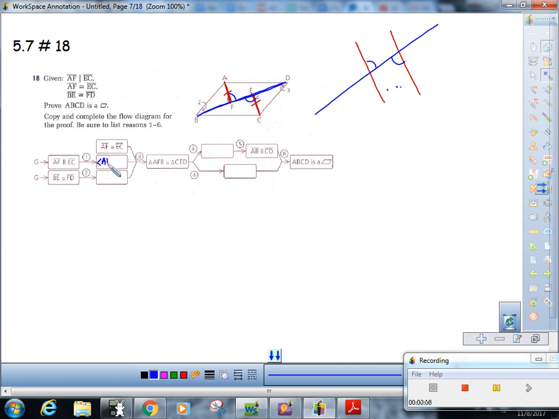Let me just write it here. 1. Angle AFE is congruent to angle CEF. And list the reasons. So the reason will be if lines are parallel, then alternate interior angles are congruent.